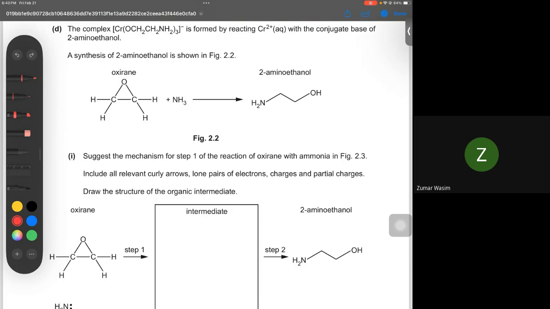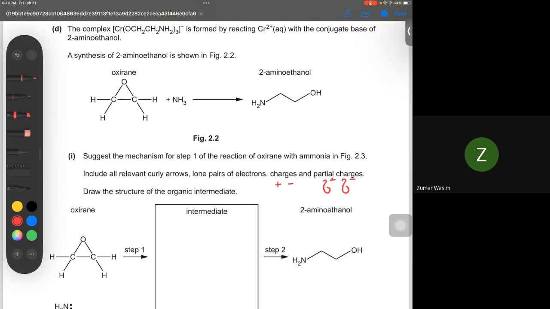What does it mean? Partial charges means partial positive and partial negative, and charges means full positive and full negative. Generally, this charge is on polar covalent or strongly polar, or also in ionic compounds.